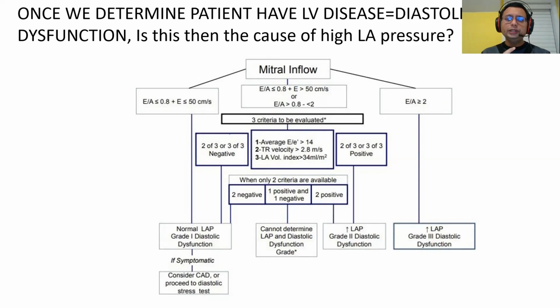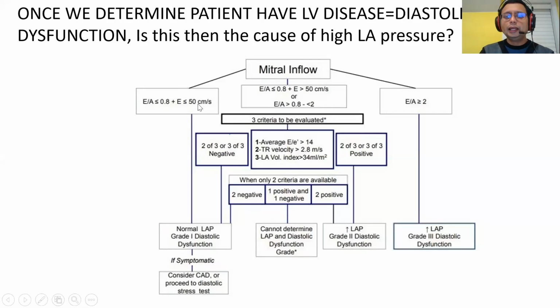Now, in this situation, mostly you only need to look at the E over A ratio. If E over A ratio is more than 2, you can stop there. You tell them that the patient has grade 3 diastolic dysfunction. That's your report.